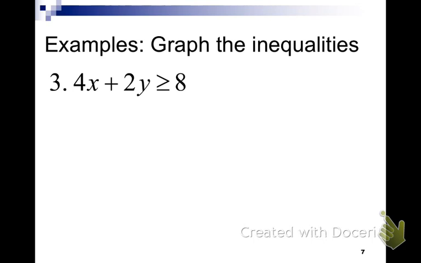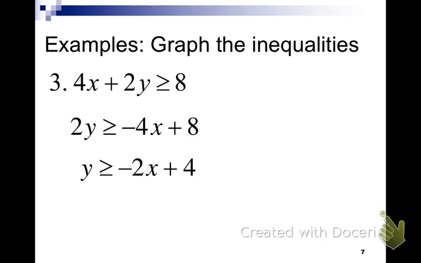Granted, we can put our intercepts in and go about it that way and then graph the line, but it's probably just as easy to turn this into slope-intercept form, moving the 4x over. So all I did was subtract 4x from both sides, and then divide by 2, to get y is greater than or equal to negative 2x plus 4.